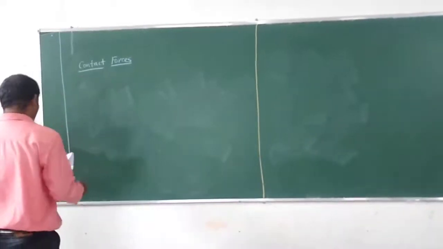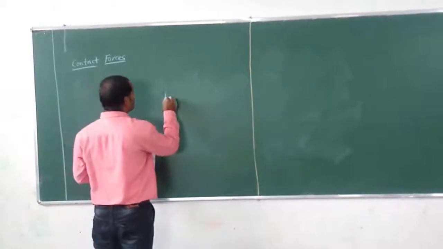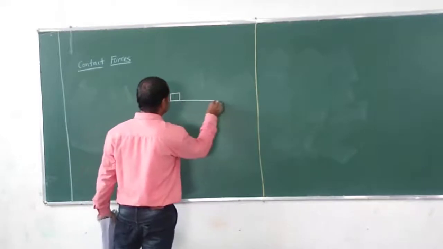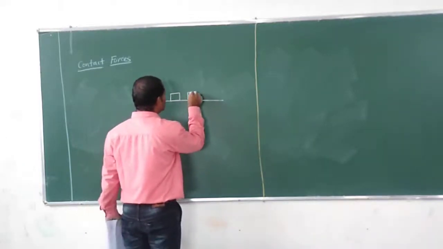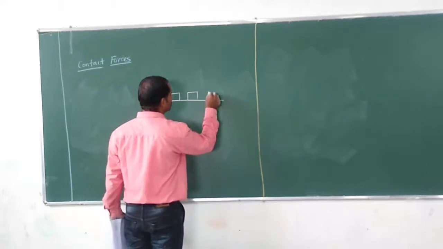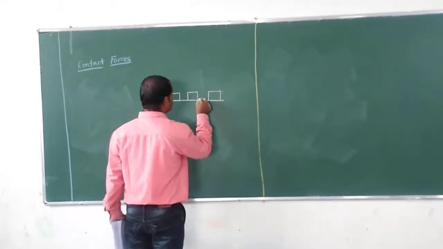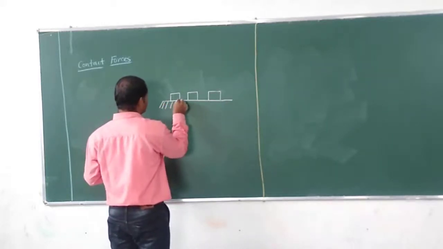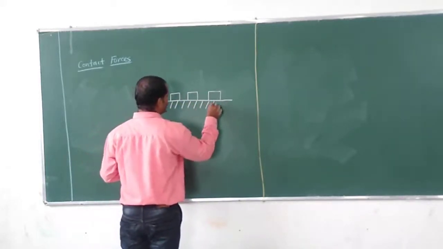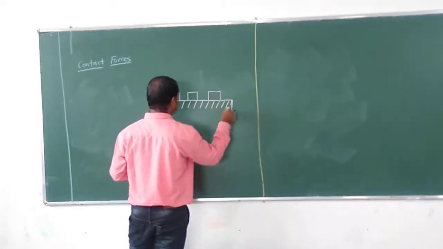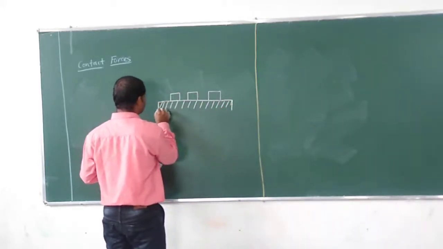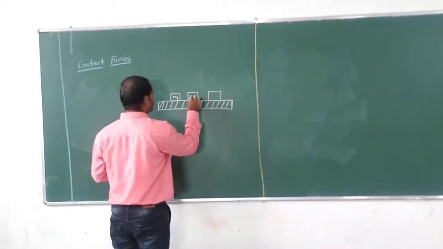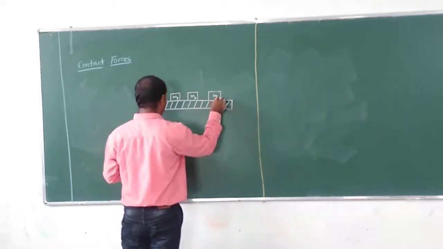So for connected bodies, समजा this is a base and there are three bodies. इथे तीन boxes आहेत असं समजा, which are at rest on some base. तर या बॉक्सचं मास M1, याचं M2, याचं M3.